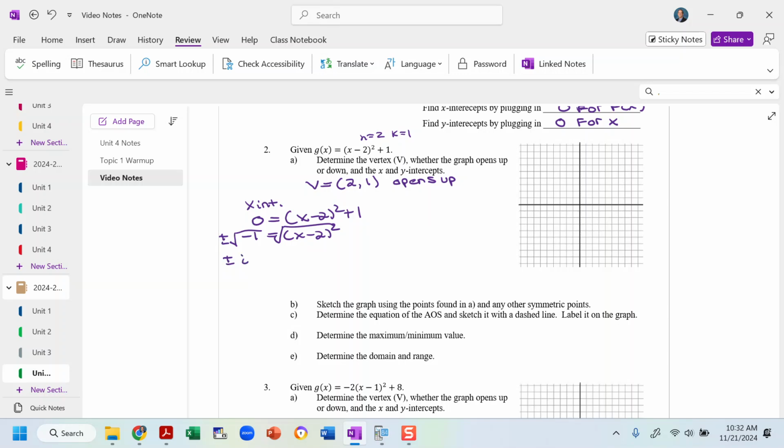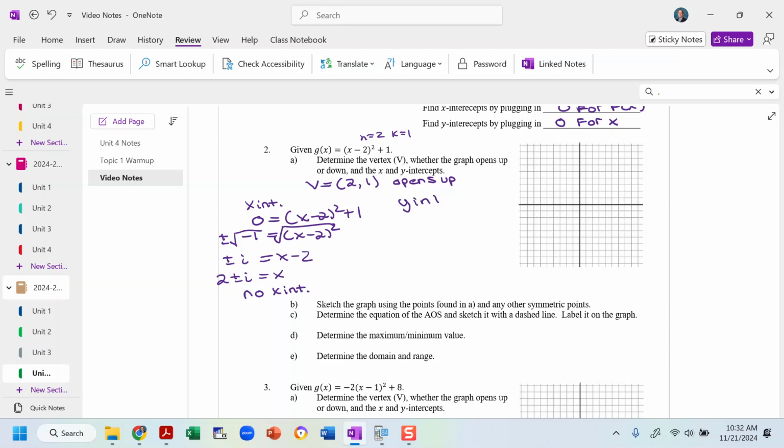So it's plus or minus i equals x minus 2. So then you add 2, so you get 2 plus or minus i equals x. So we know, since the x-intercepts are imaginary, that there are no x-intercepts. It doesn't cross the x-axis.